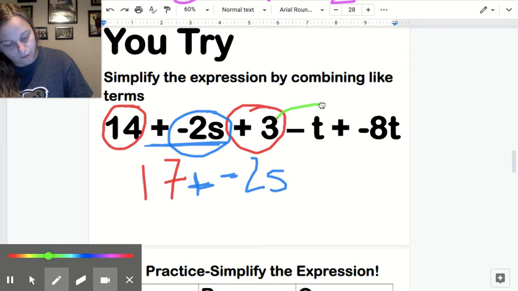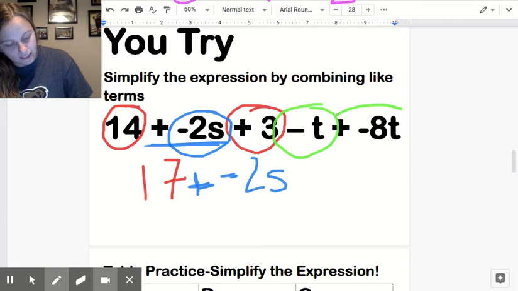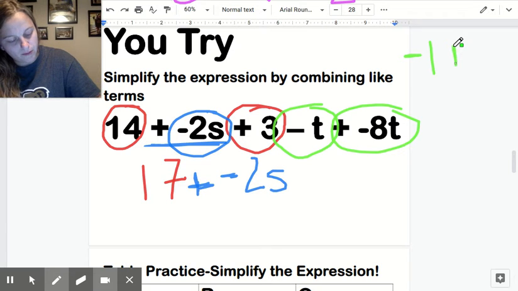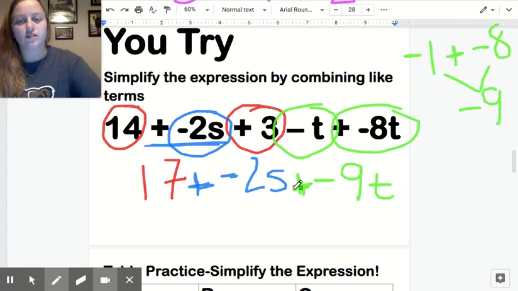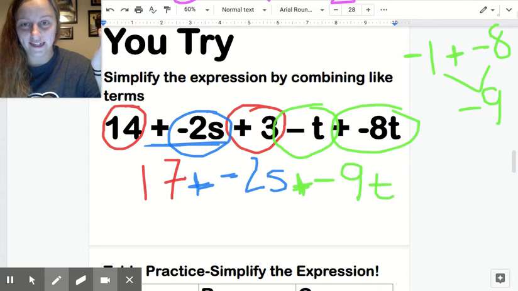Now I'm going to move on to my t's. I have a negative t plus a negative 8t. So negative 1 plus negative 8. That's really negative 9. So negative 9t. I like to throw pluses in there just because it helps me visually see it.